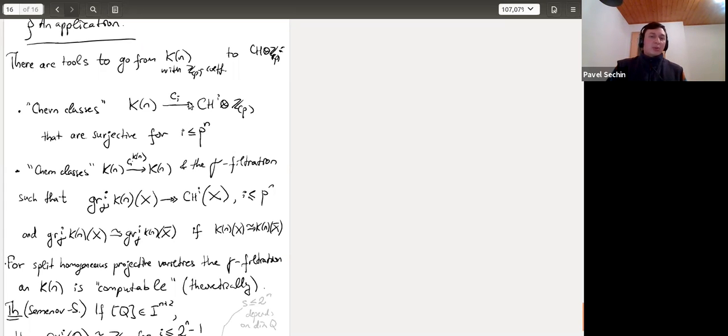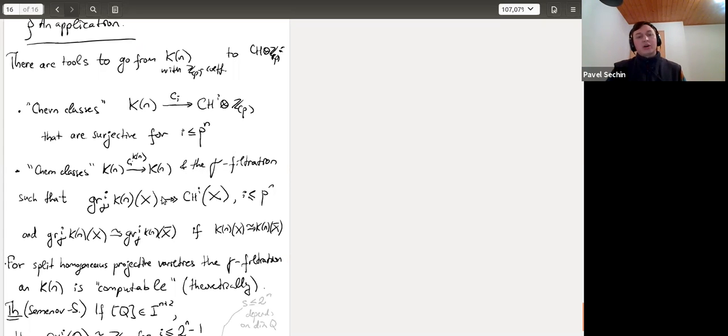So instead of computing them, what you can do is find Chern classes from nth Morava K-theory to itself, similar to the case of K0, but with some additional properties. And define the gamma filtration the same way as it is defined for K0.